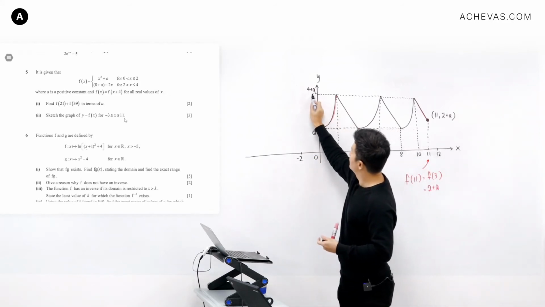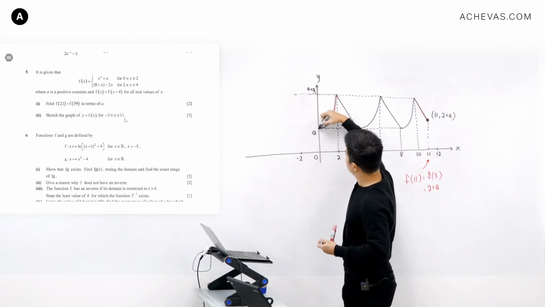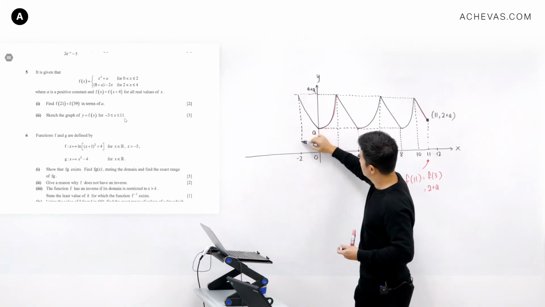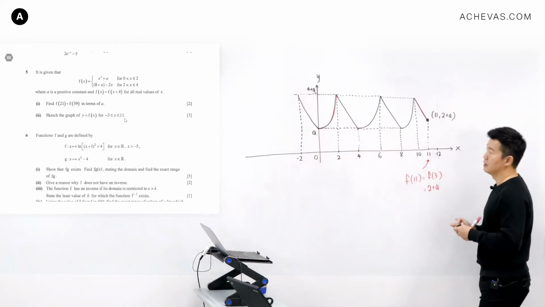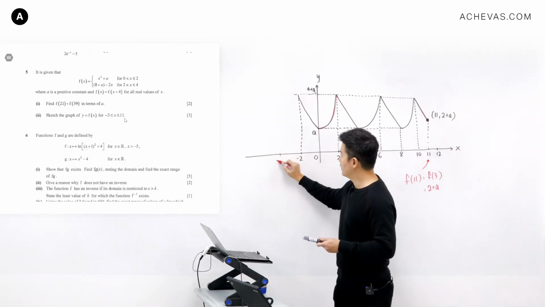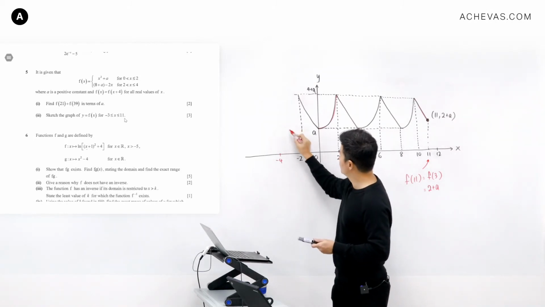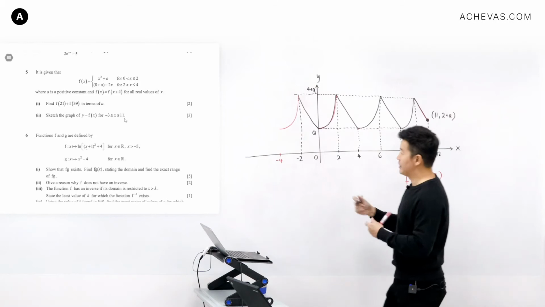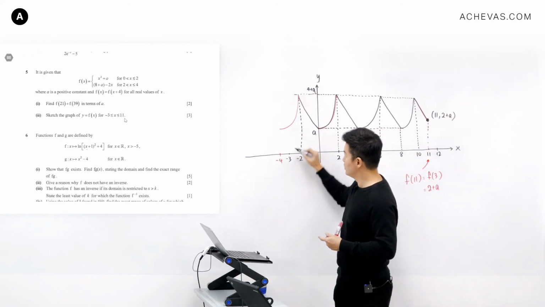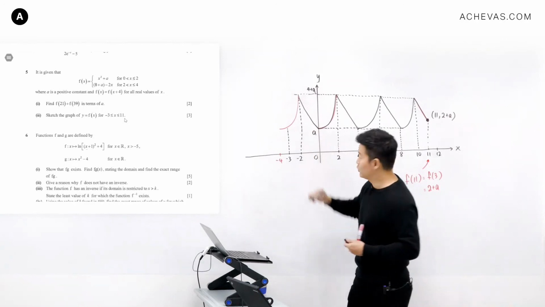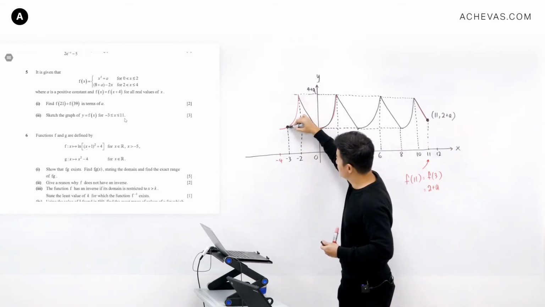So from here, this portion will be replicated to here, and that will actually end at minus 4. So by right, I'm supposed to have this part. But I know that I need to end at minus 3. So minus 3, if I were to extend this part up, and it is supposed to be bigger or equal to minus 3. So I have a solid dot here.